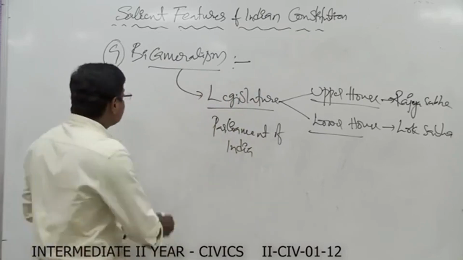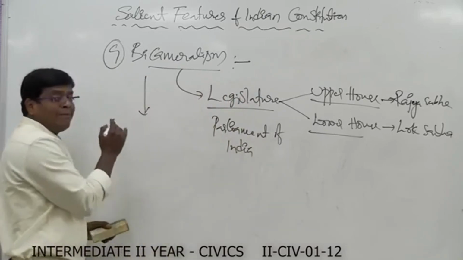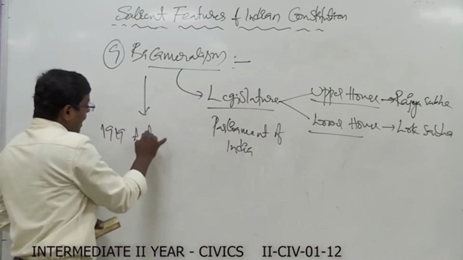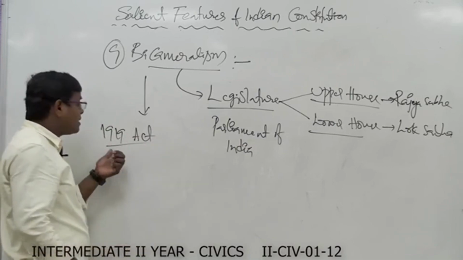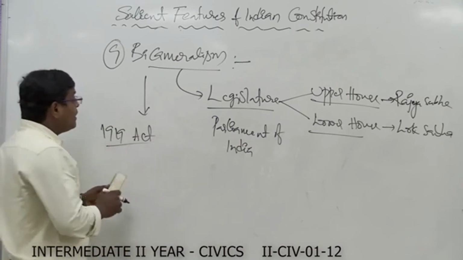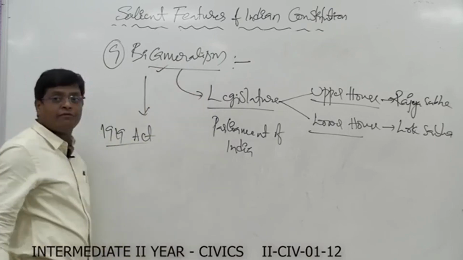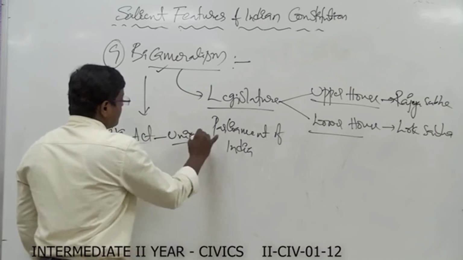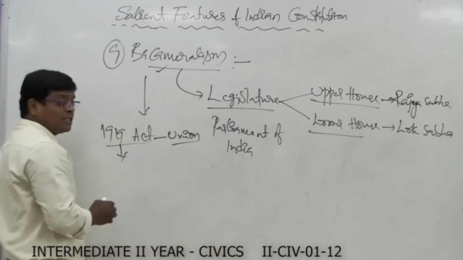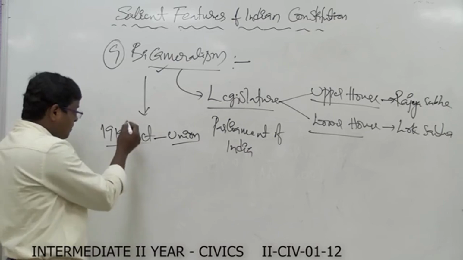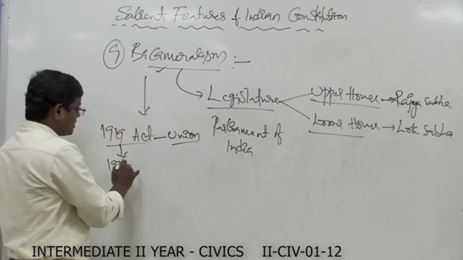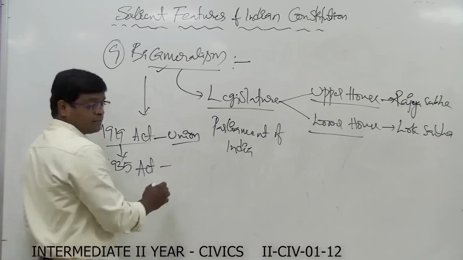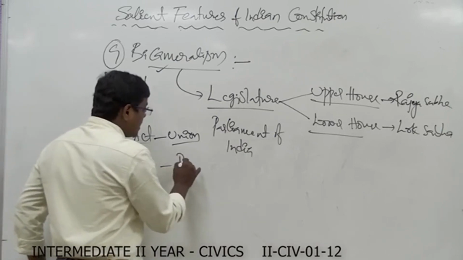For the first time in India, the bicameral system was introduced by the Government of India Act 1919, at the union level, central level. It was extended to the states, at the provincial level, by the 1935 Act.